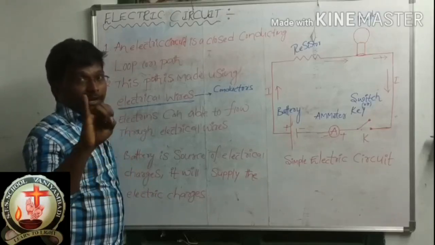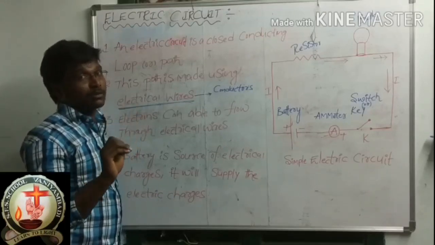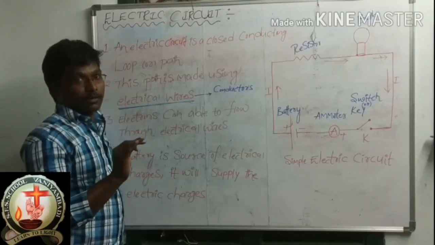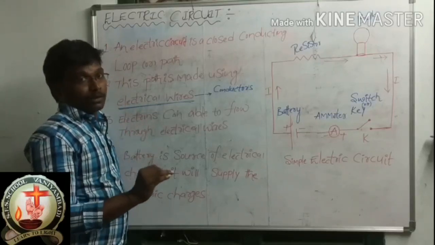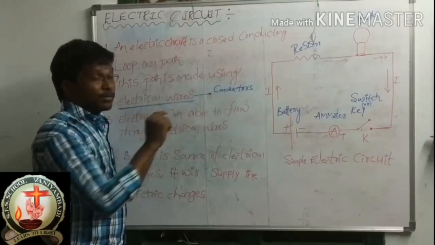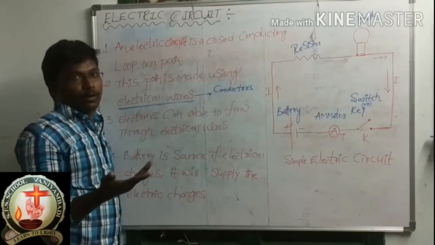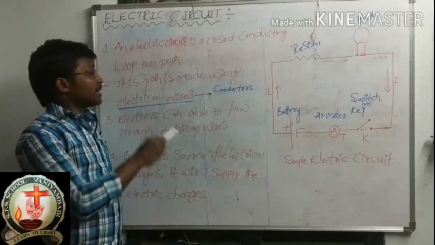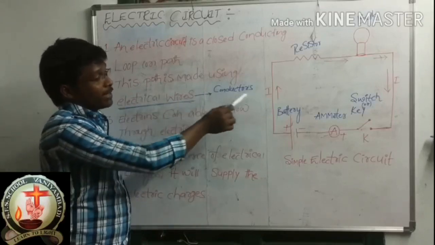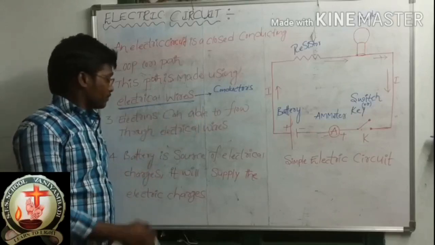Insulators do not have electrons. Semiconductors have some amount of electrons. Conductors have a large number of electrons. Correct. So these electrical wires are examples of conductors, meaning they have a large number of electrons. You can remember that. So what is the second point? This path is made using electrical wires, and these wires are examples of conductors.